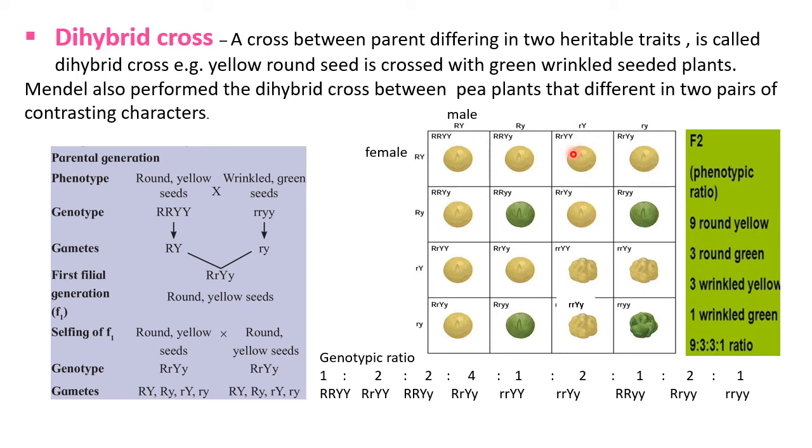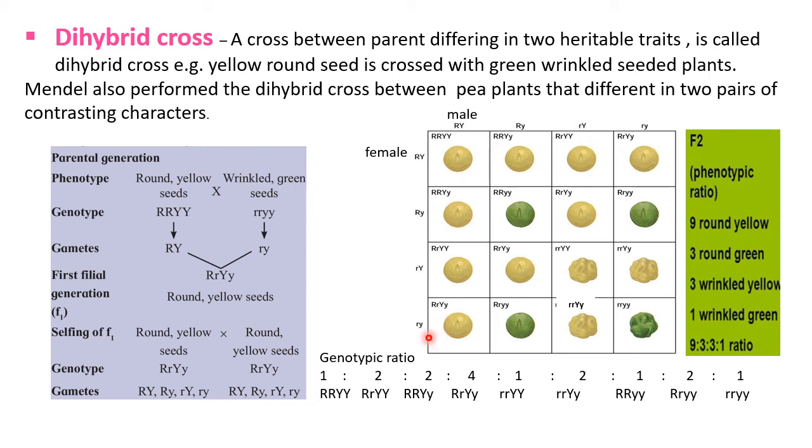Here we see the first one and here the second one, that is capital R, small r, capital Y, capital Y. Then the next combination, in the ratio of 2, is both capital R, then capital Y and small y. Here we see such a combination, and it is found here and here, so it occurs in the ratio of 2.